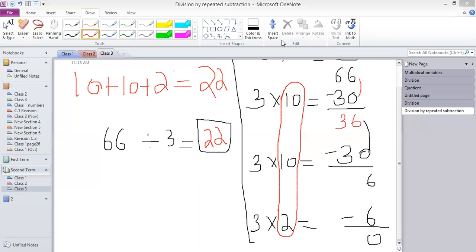Yes, Sharif. Sir, why do we multiply 3 by 10, and why do you write 10, 10, 10, and why do you subtract with them? Because this is the repeated subtraction method.